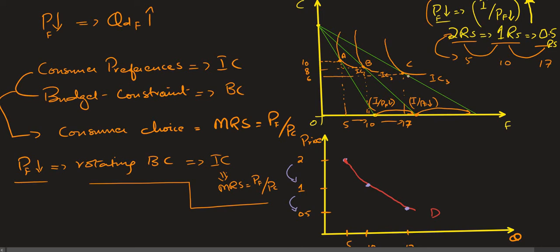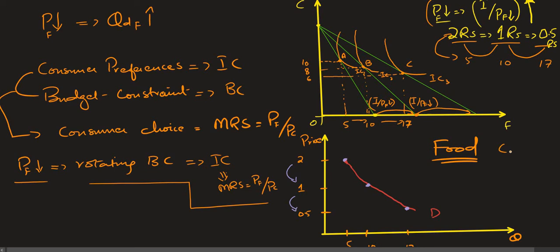Did it happen like this or not? At all of these budget constraints there were IC curves which were becoming tangent upon these budget constraints, and upon these budget constraints there was a certain quantity which you were buying. So here we have made the relationship of prices with the quantity for only food.